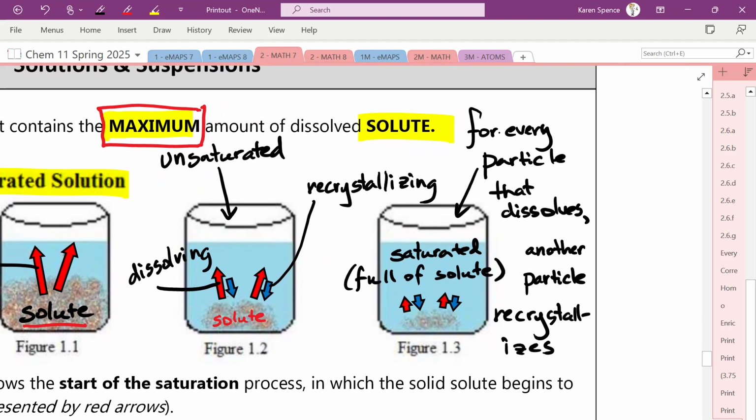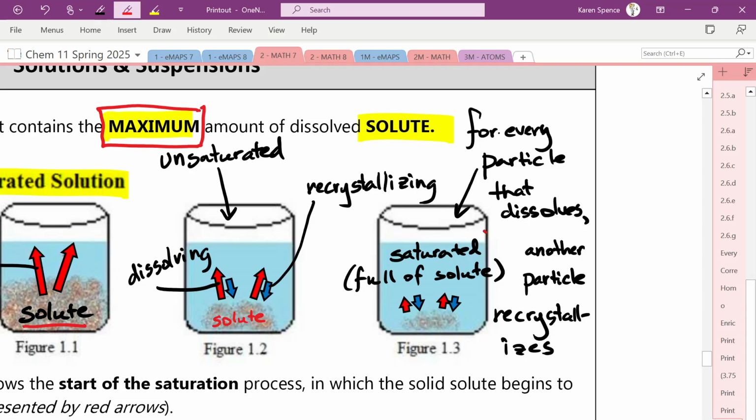Finally, you will get to a point, you're stirring and stirring and stirring, and oh, there's some solute that will not dissolve. You've stirred it for like an hour now. Okay, you're not going to stir it for an hour, but you stirred it for a good long time, and some of the solute is not dissolving. That's how you know you have a saturated solution: if you stir and no more dissolves, that is saturated.